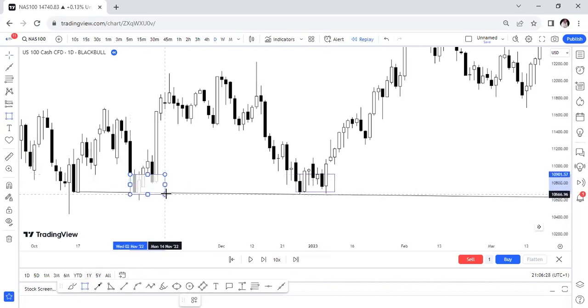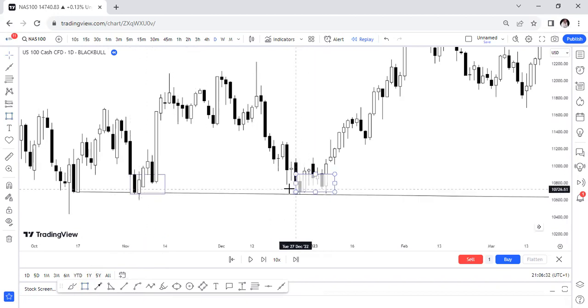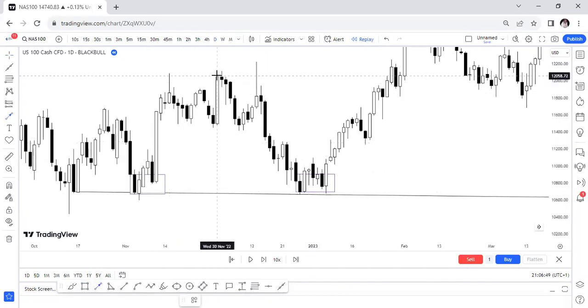And price taps into it. If you watch carefully, see that this is a liquidity graph. Liquidity graph here, liquidity graph here, this place here, liquidity graph, it moves higher. This is a liquidity graph and it's moving now to touch it. You can use this information to your own advantage.